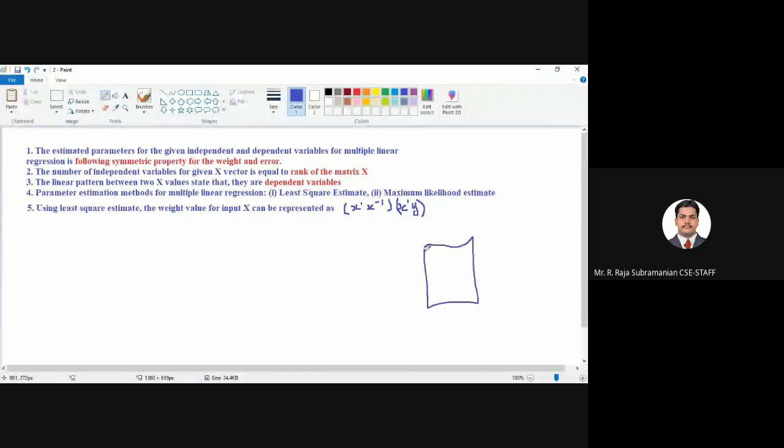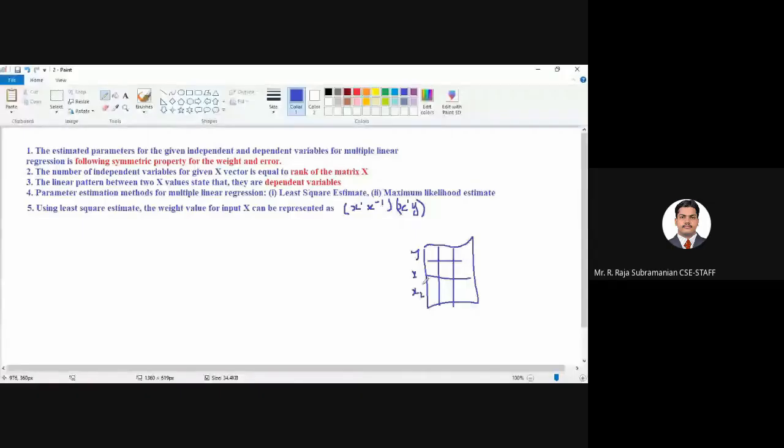I draw a matrix like this and separate it: this is y, this is x1, and this is x2. The diagonals are the same values, and this is the scatter plot between y and x1, this is a scatter plot between y and x2, and this is the scatter plot between x1 and x2.